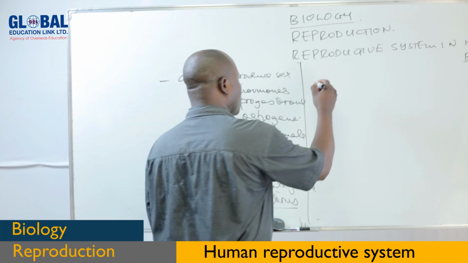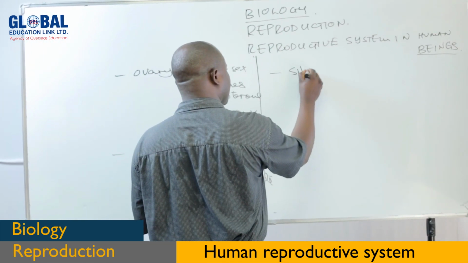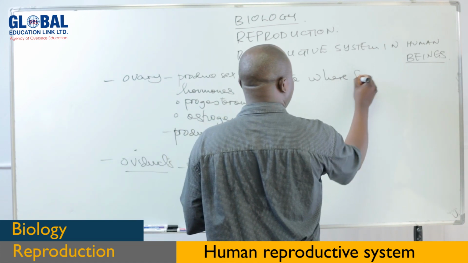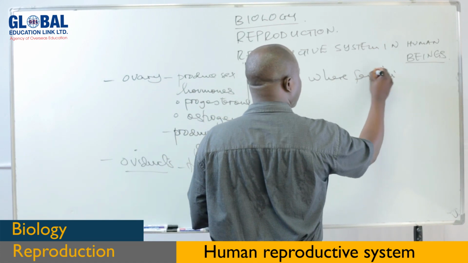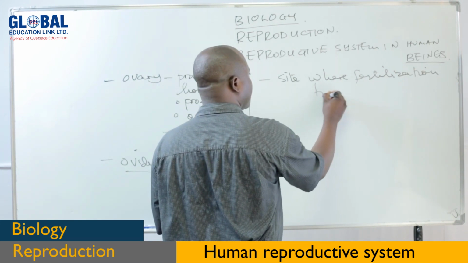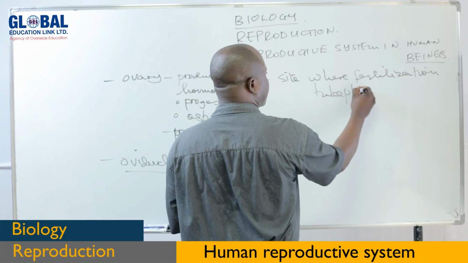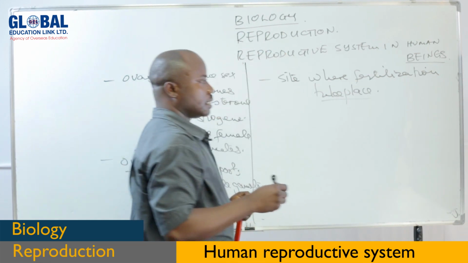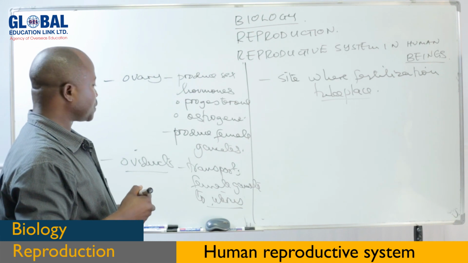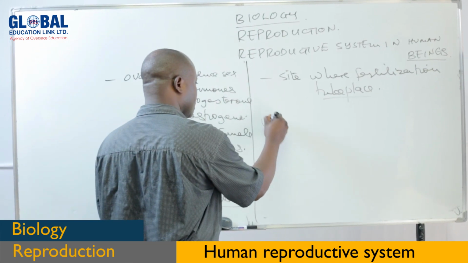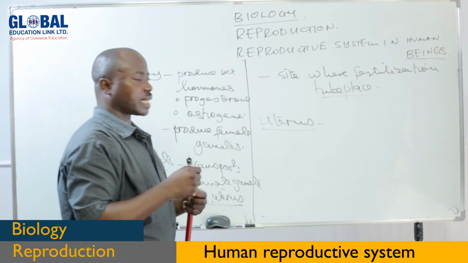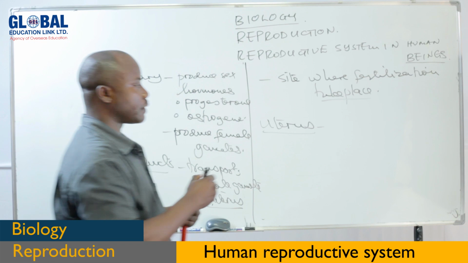Another function of the oviduct is that it forms the site where fertilization takes place. This is the function of the oviduct, but the inner part also consists of the uterus. The uterus forms the site for fetal development.